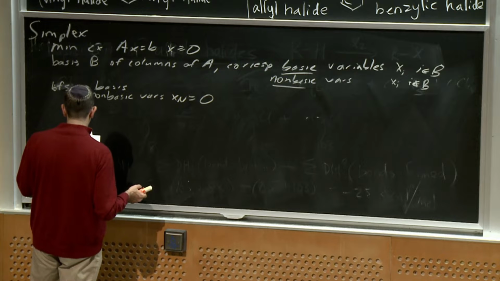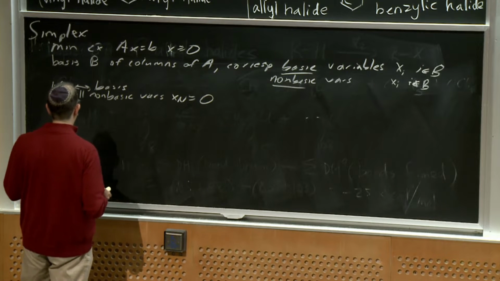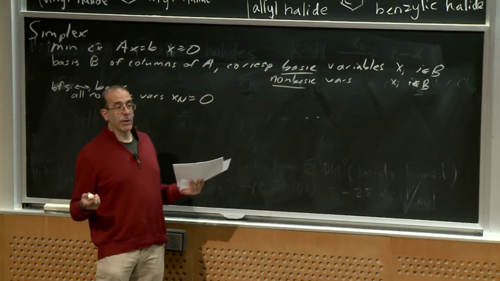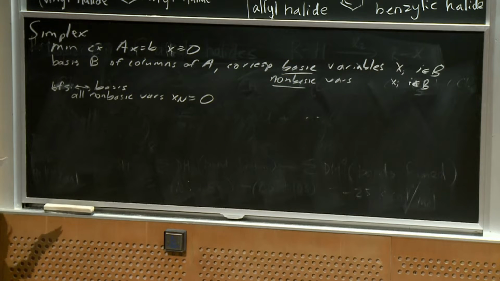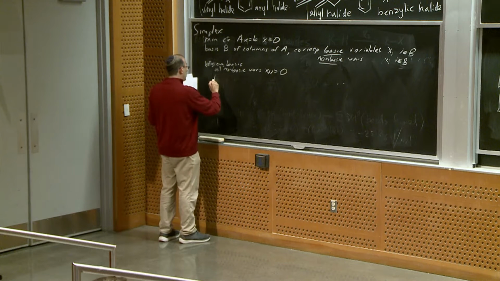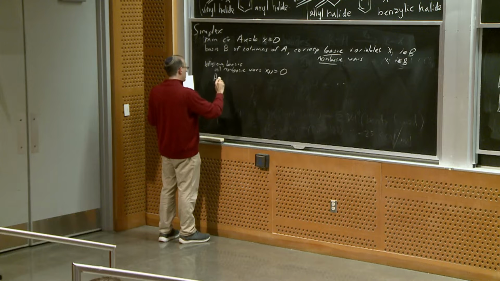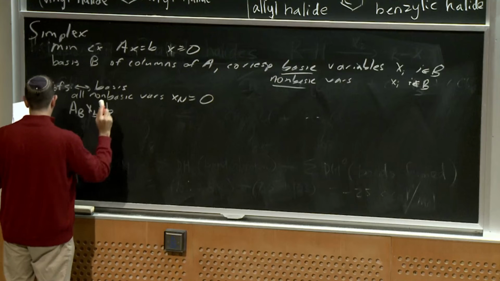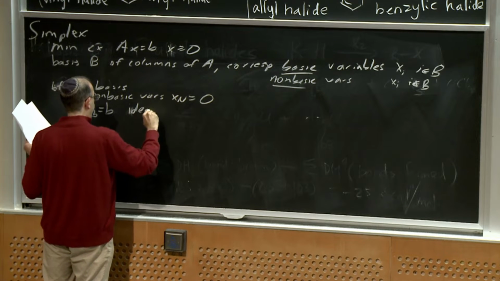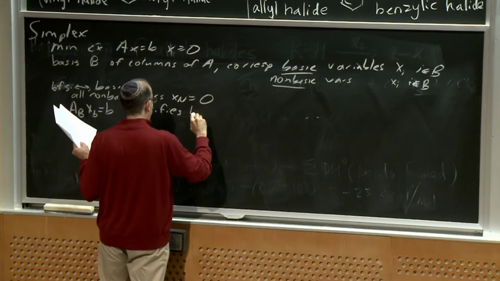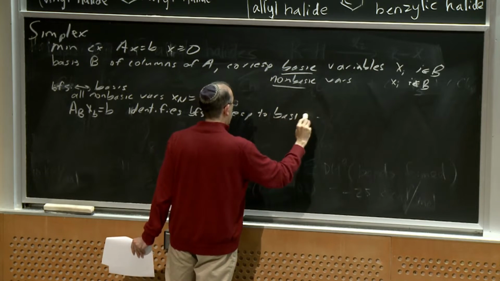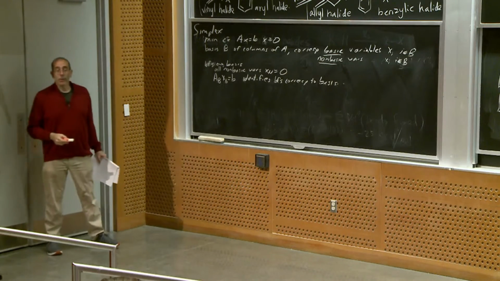And so we then argued that just knowing the basis actually lets you reconstruct the particular vertex that you're at, because you know that all of the non-basic variables are 0. And so you can solve this simpler linear system that identifies the basic feasible solution corresponding to the particular basis that you've chosen, right?